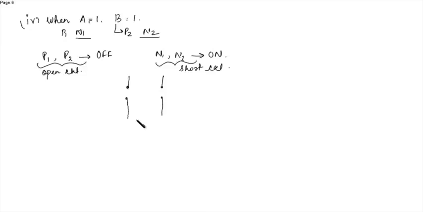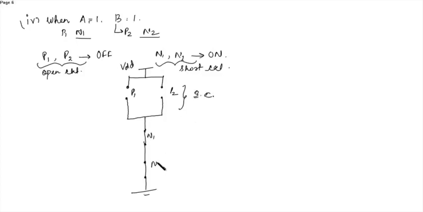So here this is connected to VDD, and here both will be short circuited. So this is P1, P2, both short circuited, and N1, N2, this is open circuited, and both N1 and N2 are short circuited.